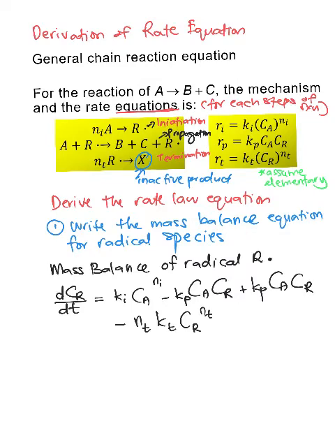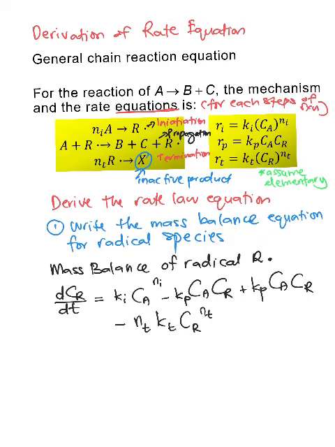Because we write the mass balance based on species R, not on species A. Then maybe we can simplify the equation first.